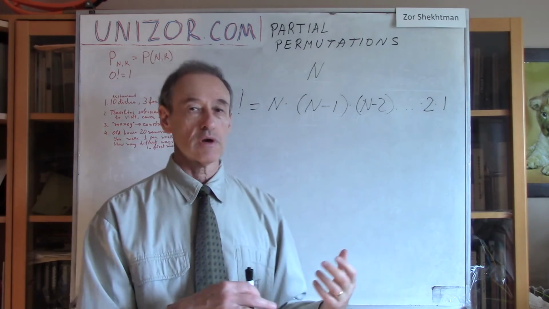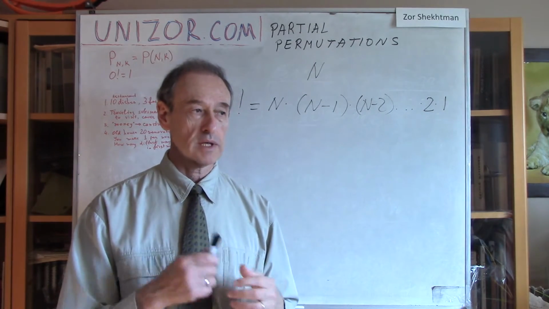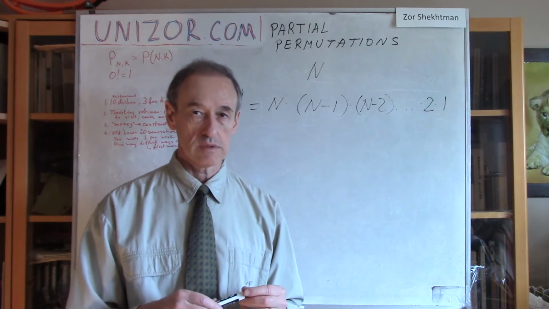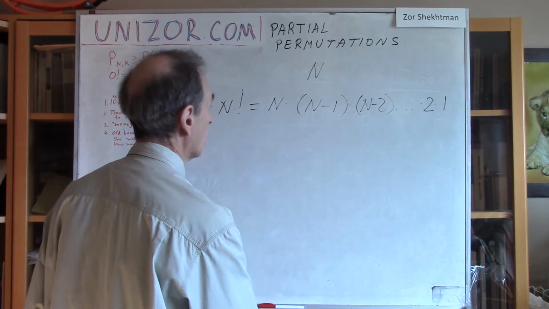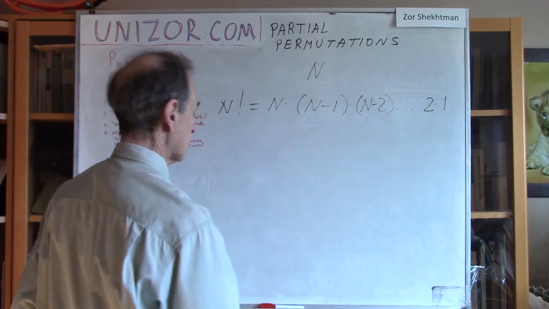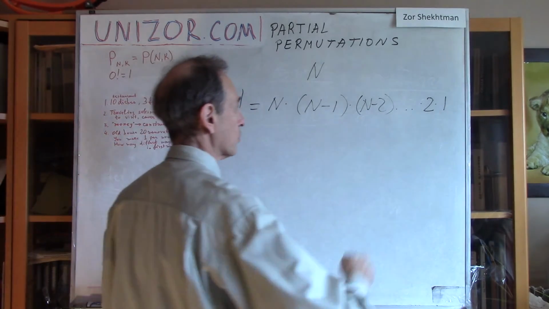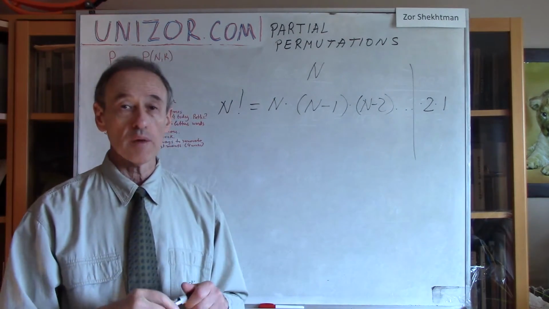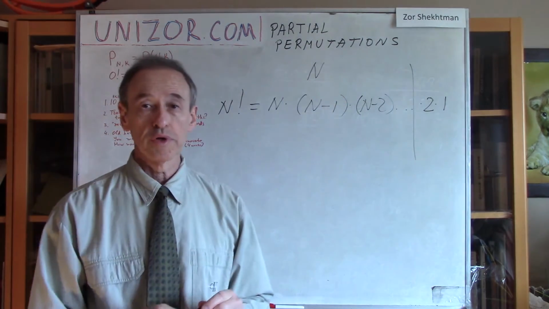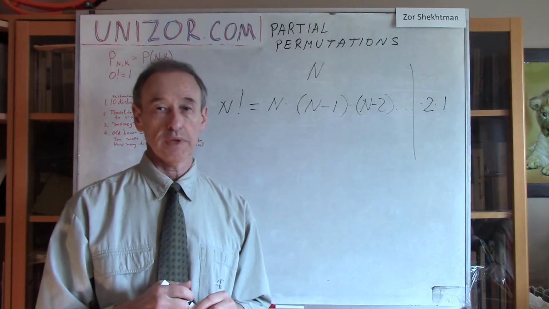Well, this lecture is about a slight deviation from this particular task. What if we don't have as many as n different places? We have to place a certain number of objects from this group into a smaller number of places.